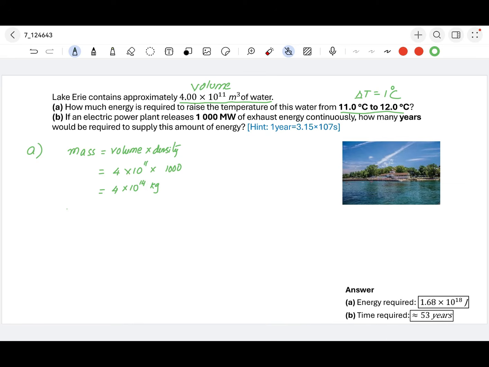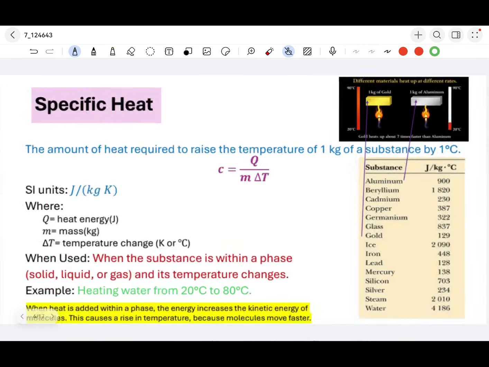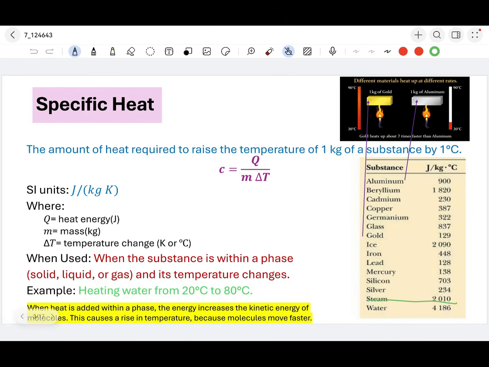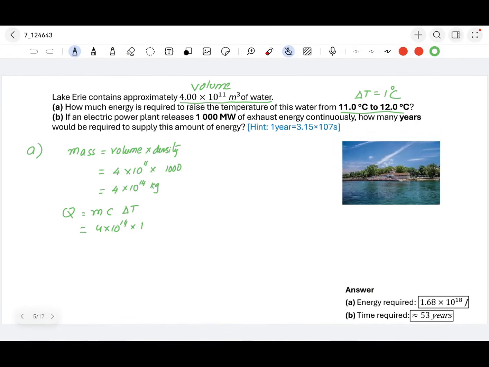We have the mass of the water present in the lake. That's good. How much energy is required? We know the formula Q equal to m c delta T. m is 4 times 10 to the power of 14, delta T is only 1. The C value, the specific heat of water, we just discussed, is 4186, multiplied by 1.